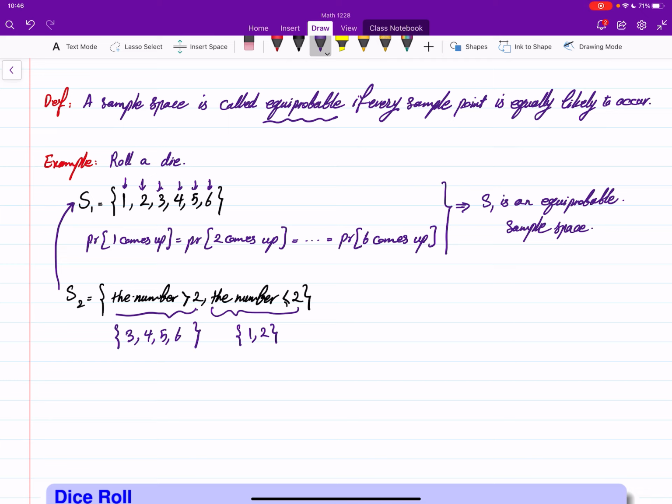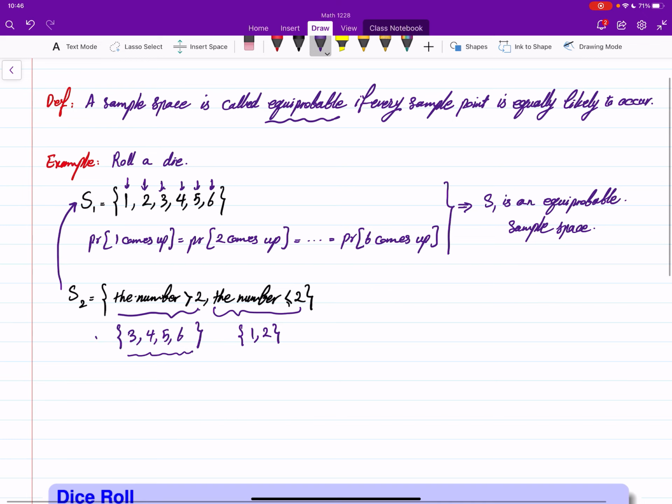Intuitively, the chance that you get 4 different numbers on the die is way bigger than the probability of getting only 2 numbers, 1 and 2. And that means that no, S2 is not an equiprobable sample space.